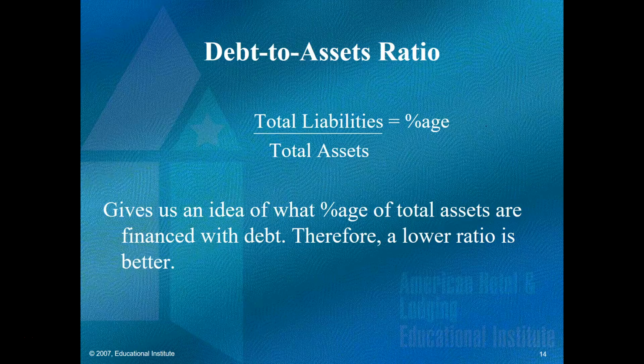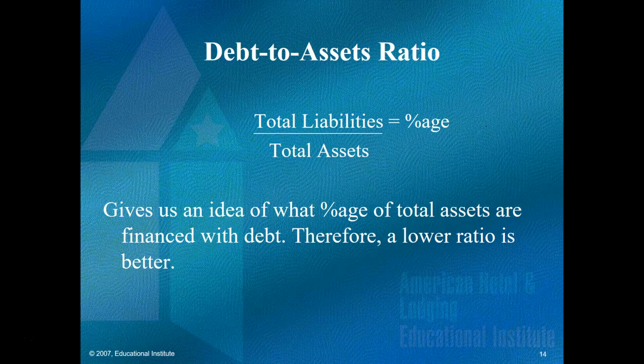Okay? So in this particular case, the lowest this can go is 0, which is the perfect score, because basically we have no liabilities. Now that might be a little tough because we're buying on credit anyway, but a lower ratio in this particular case is better.